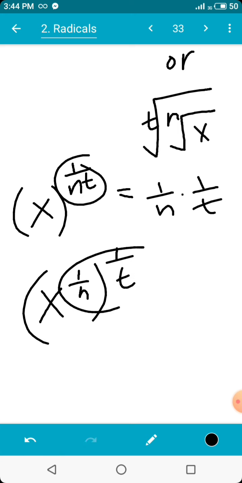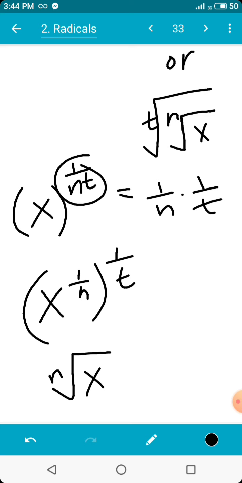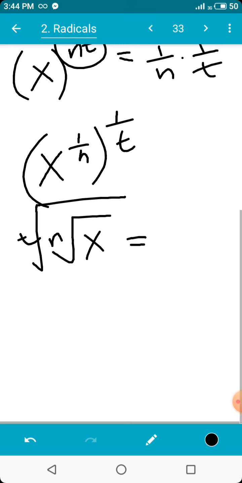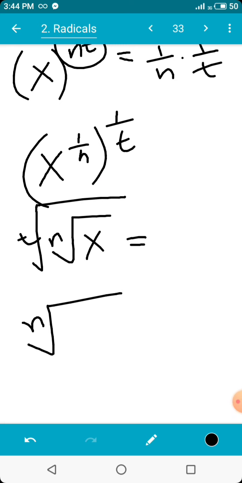Tama ba? Kasi kung minultiply natin to, parehas lang din yung magiging sagot. So, in this case, pag nire-write natin to, it will become nth root of x. Tama? And pag nire-write pa natin silang lahat, yung t magiging t root of nth root of x. Okay? So, again, pwede natin siyang isulat na nth root of t root of x.